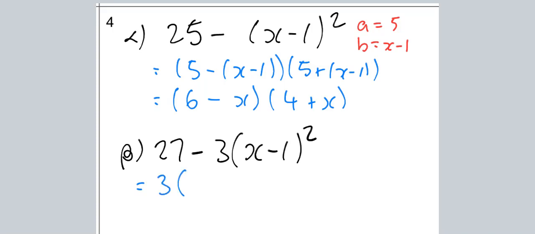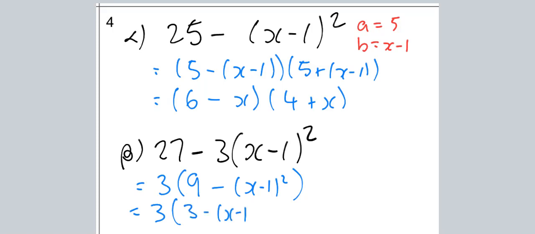3 times what equals 27? Yep. And 3 times what equals 3 times x minus 1 all squared? x minus 1 all squared. Now I've got a difference of 2 squares. I've got 9 and x minus 1 all squared. Forgive me for being a little bit squishy here, trying to fit this in this little box. So that's going to be 3 outside of, now 9 is 3 squared, so it's going to be (3 minus (x minus 1)) and (3 plus (x minus 1)).